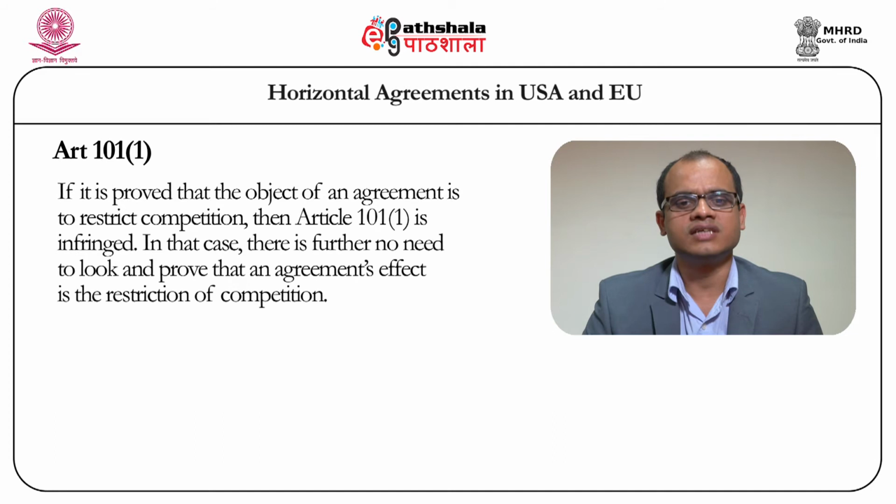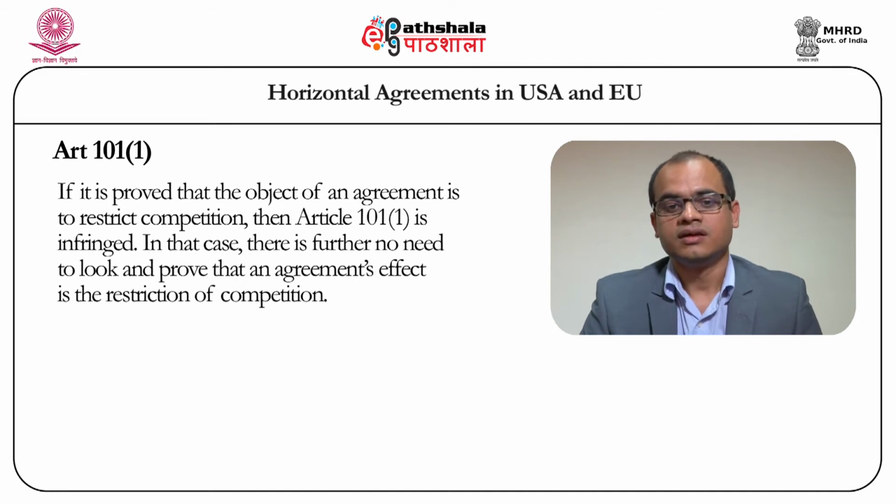So what is the standard of analysis basically? There are two steps. The first step, under Article 101 Clause 1, is to assess whether an agreement between undertakings is capable of affecting trade between member states, and has an anti-competitive object or actual or potential restrictive effects on competition.